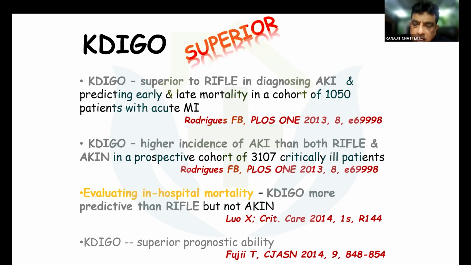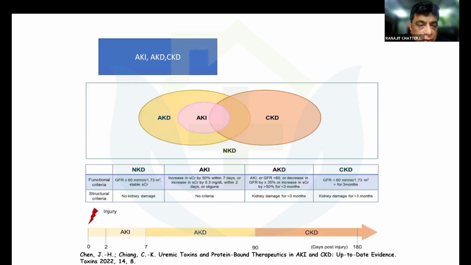So a question may come on this slide for EDIC Part 1 aspirants. So now you should know what is NKD. There is no kidney disease. AKI is up to 7 days, the criteria has been told. AKD, when you define acute kidney disease, it is 7 days to 3 months. Here GFR, see the criteria. AKI, or GFR less than 60, or decrease in GFR by more than 35%, or increase in serum creatinine by more than 50% for less than 3 months, and there is no structural change.